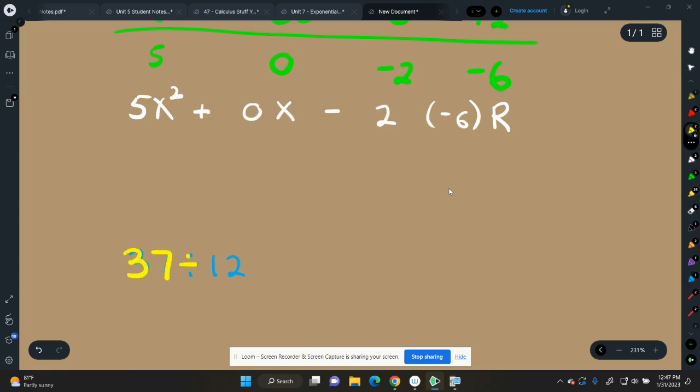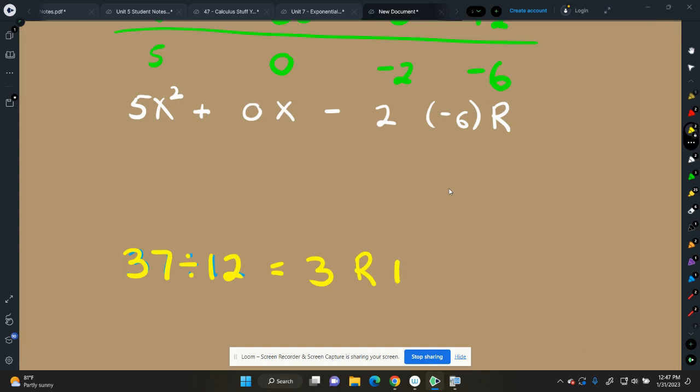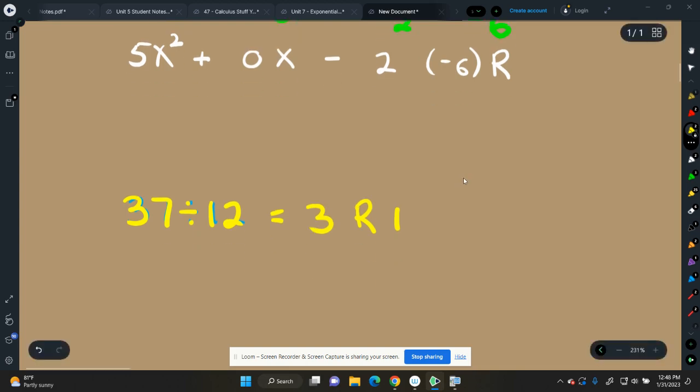What does that equal? 3 with a remainder of 1. That means that 12 times 3 does not equal 37. 12 times 3 equals 36. But if we add our remainder, now I get the 37.